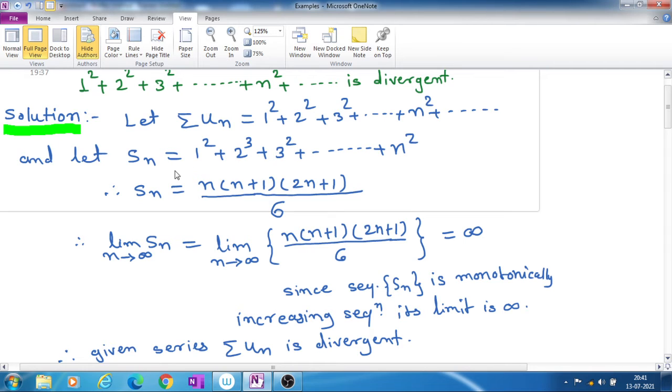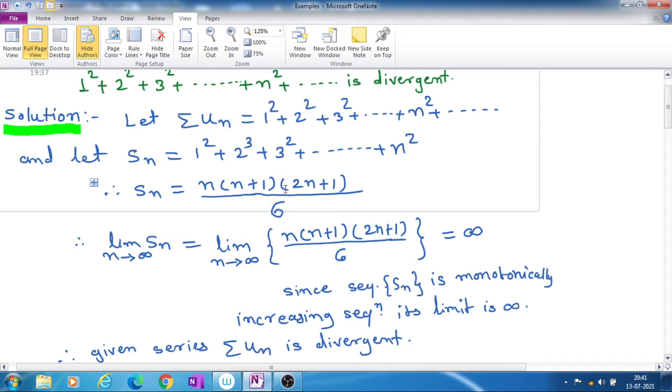Therefore Sn is equal to the sum of the first n terms. The first n terms of this series are 1 square plus 2 square plus 3 square plus dash dash plus n square. So this is Sn.